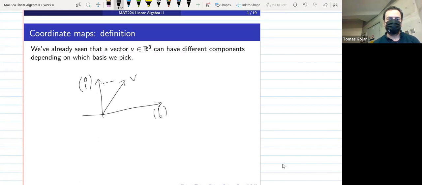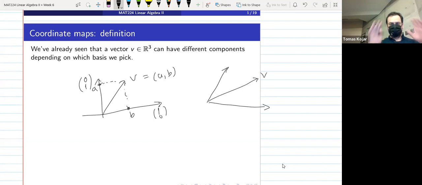And you just do this dotted thing and you get your coordinates, so A, B. But I could have drawn my axes in a slanted way, like this. This is still a basis. This is still the same V, geometrically, like in the real world. V is at the same place. I just moved around my grid. But then my components change. The vector didn't change. The components did.